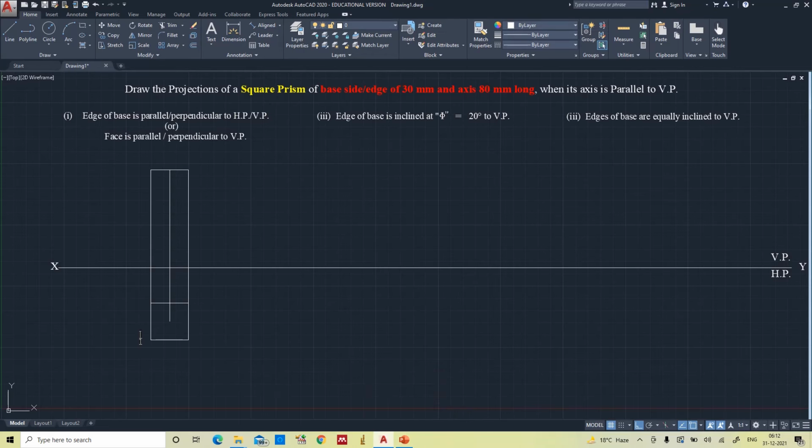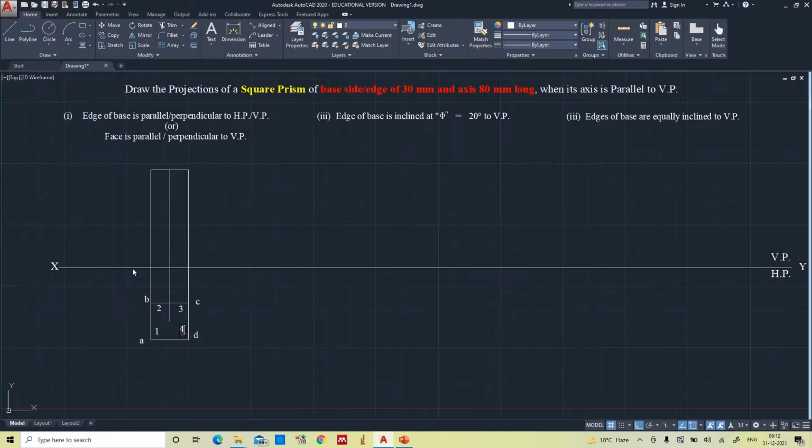Okay. Here you can see A, B, C, and then D. 1, 2, 3, 4. Yeah.